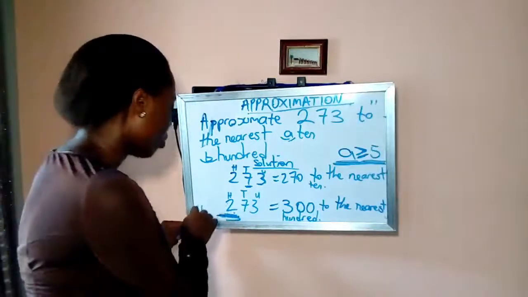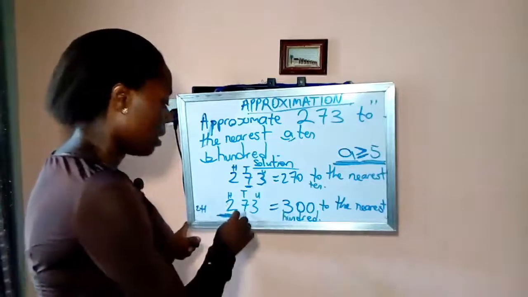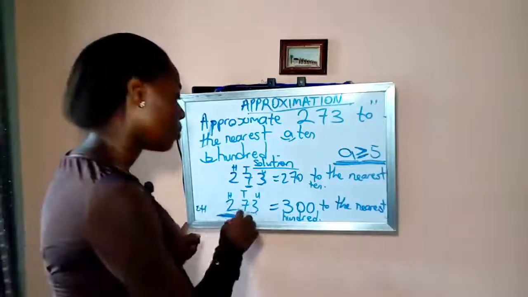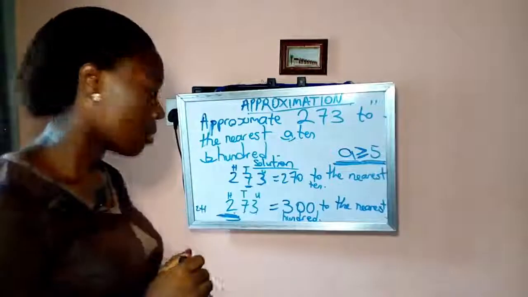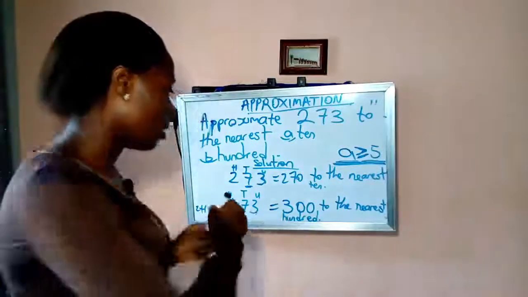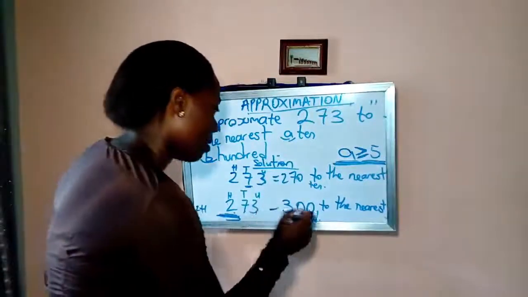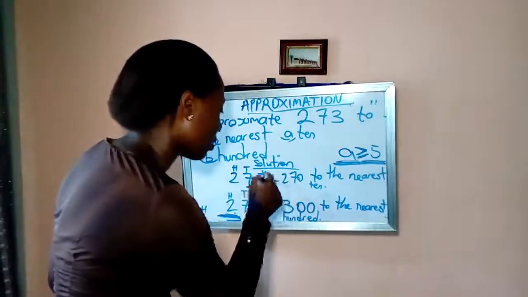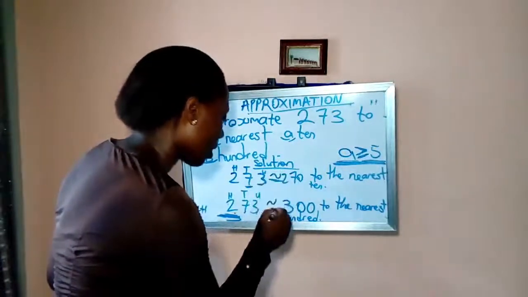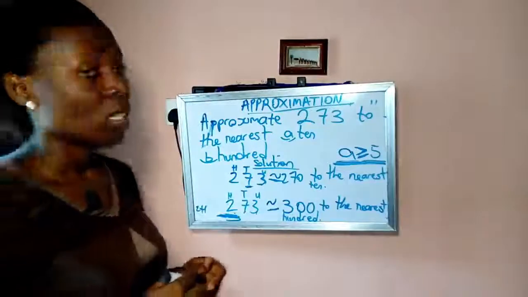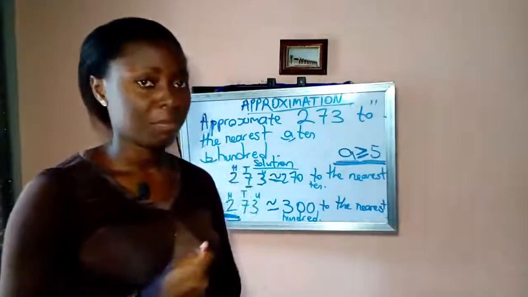So we'll have 2 plus 1 giving us 3. In those positions, we simply put 0, 0. So we have our answer as 300 to the nearest 100. It's our approximation sign, sorry. I hope you have learned a lot today.